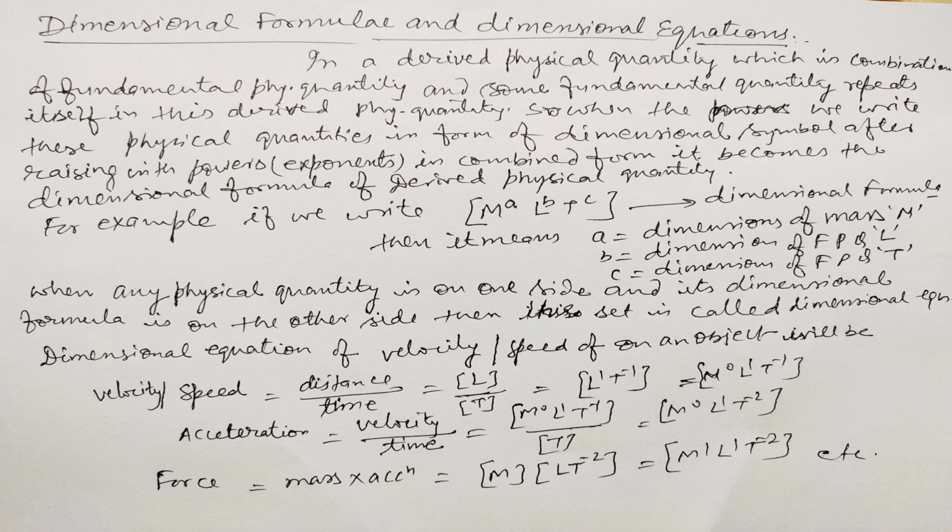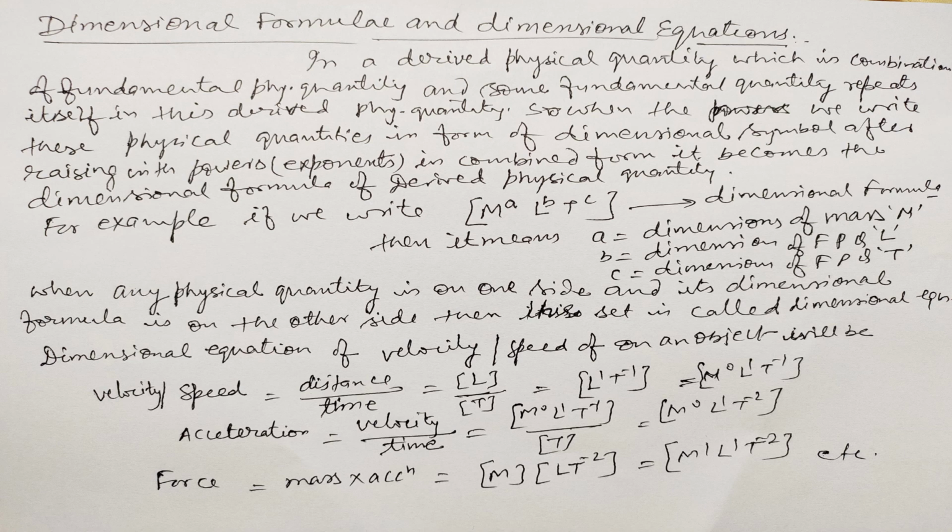For example, if we write the dimensional equation of velocity or speed of an object, then velocity or speed is equal to distance upon time, that is equal to L upon T. So L is the length and time is T.